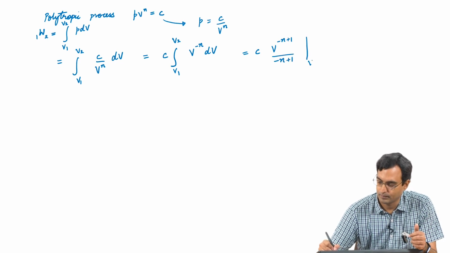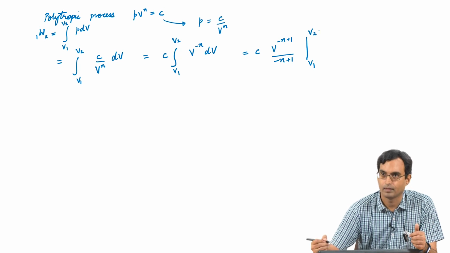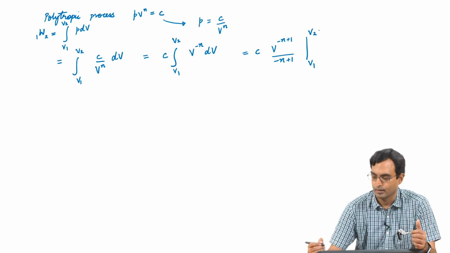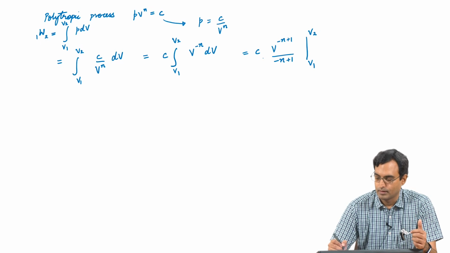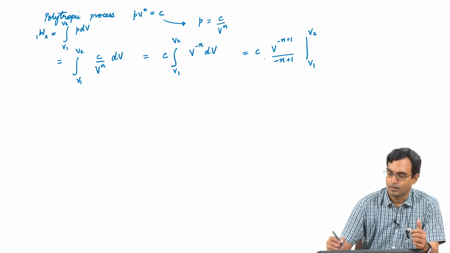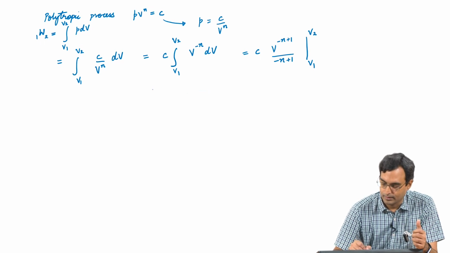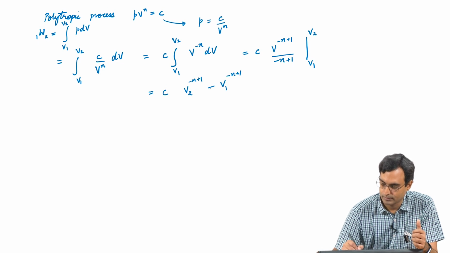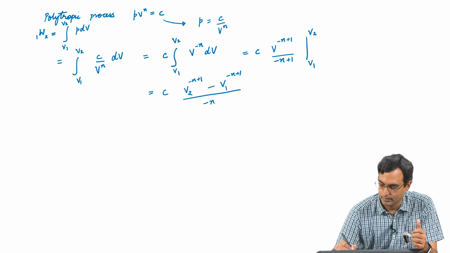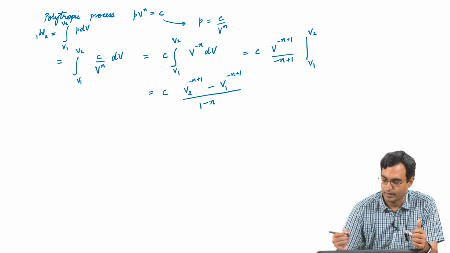This goes from V1 to V2. So, I have over here C into V2 to the power minus n plus 1 minus V1 power minus n plus 1, divided by minus n plus 1. I can write it in this fashion.